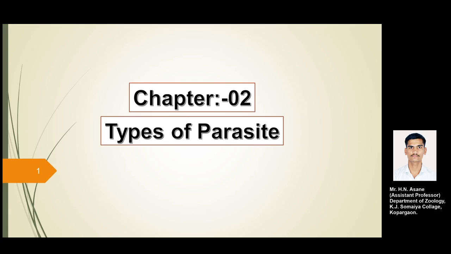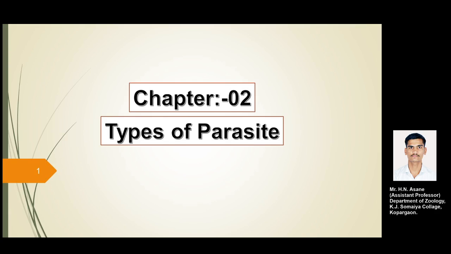Where it lives in the host, that particular space or organ, divides these parasites into some different types. We are going to see that in the next couple of slides.